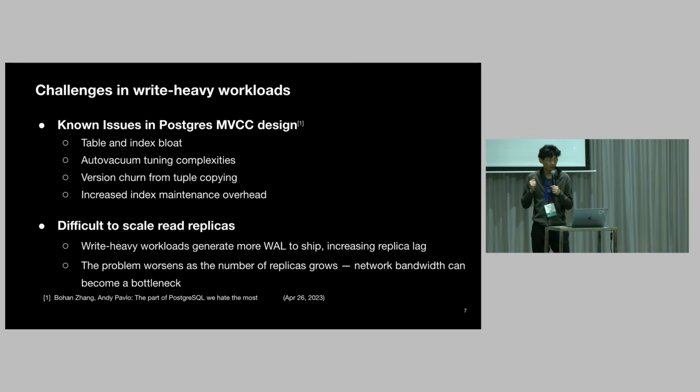And the problem worsens as the number of replicas grows, because the network bandwidth can become a bottleneck. Let's say you have 20 or 30 replicas, and the primary needs to send the log to all of them. You can see the network can be a bottleneck in this case.